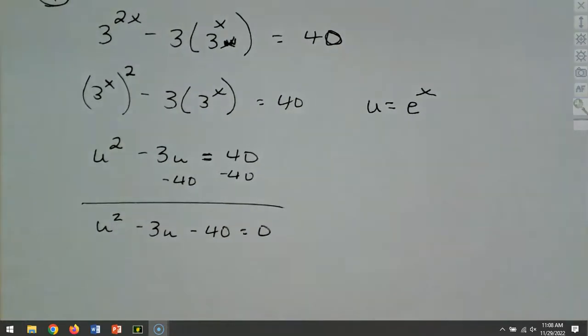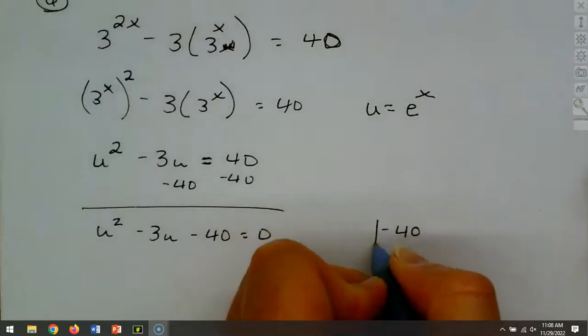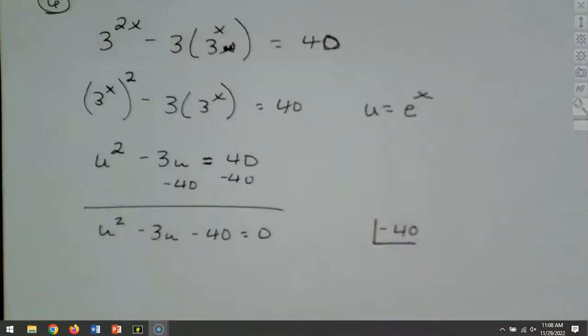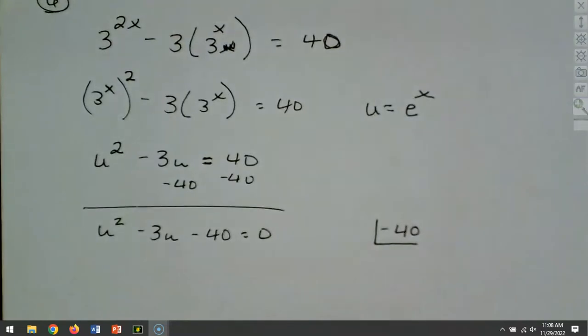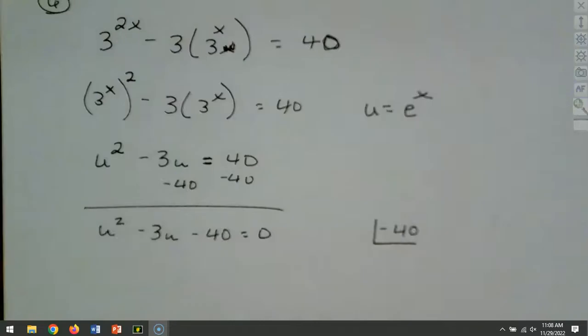And we should be able to factor this pretty easily, because we need a minus 40. What two numbers are going to multiply together to give you 40 and subtract from each other to give you 3? Yep, 8 and 5. And which one's positive and which one's negative? Okay, yep.